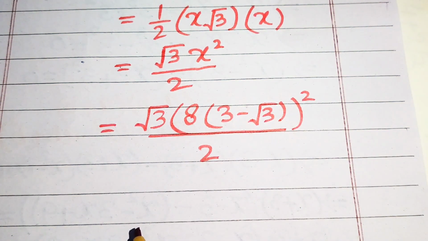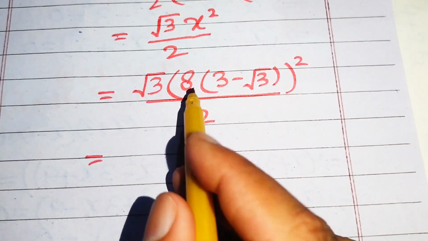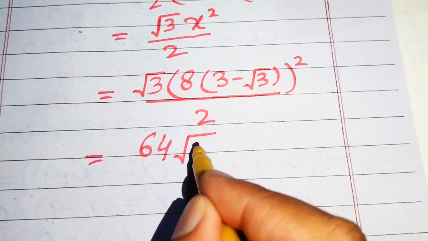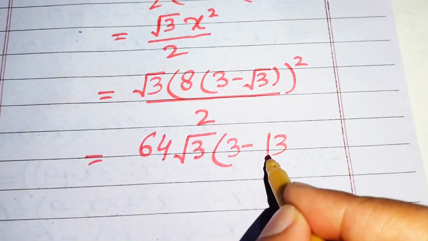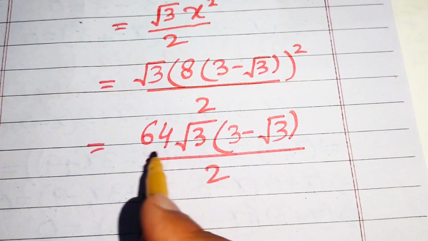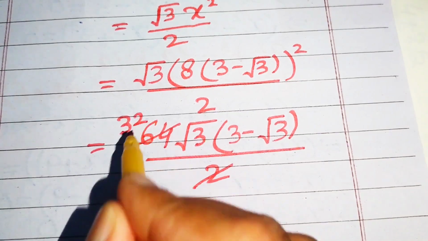Here we need some simplifications, and we write it as, we know that the square of 8 is 64, into square root of 3, and here we have (3 minus square root of 3) whole square, divided by 2. Here we cancel these terms, so 2 3s are 6 and 2 2s are 4.